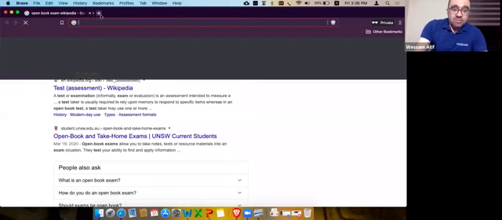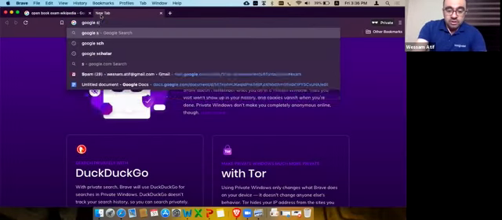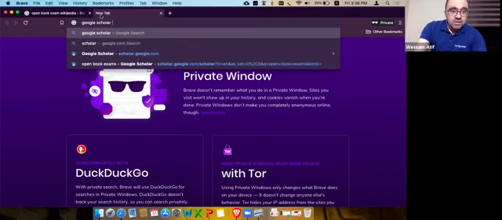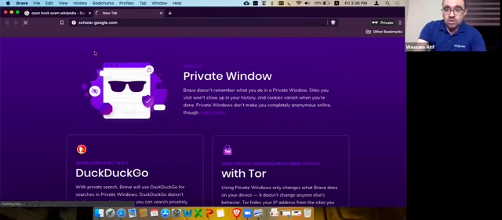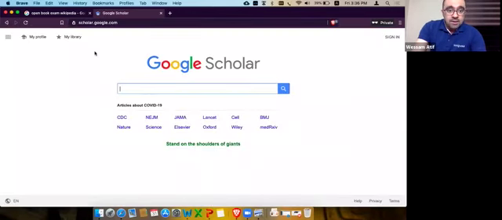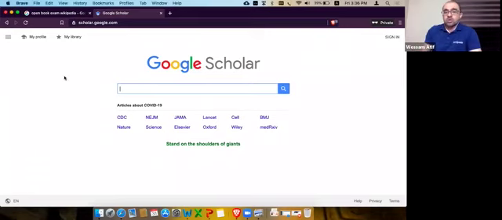What else? We mentioned something called Google Scholar, and all fellow geeks would know about Google Scholar. This is Google Scholar. So what is Google Scholar? Google Scholar is a Google search which is specifically for peer-reviewed journals and scientific research papers, right? So I would like to refer to some published papers in scientific journals.